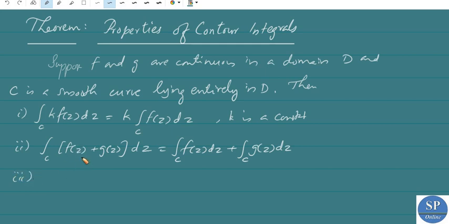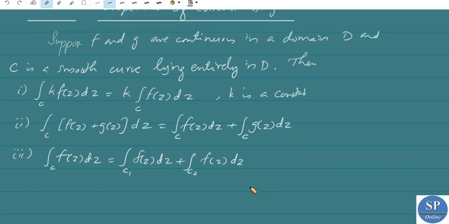Third property is integral over C of f of z dz is equal to the integral over C1 of f of z dz plus the integral over C2 of f of z dz, where C is the union of the smooth curves C1 and C2.